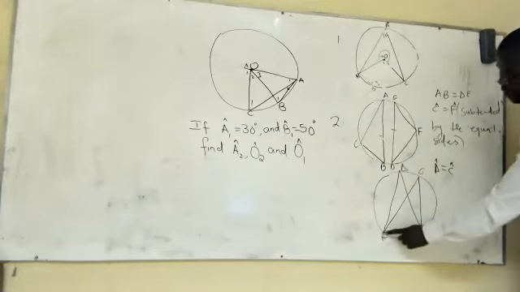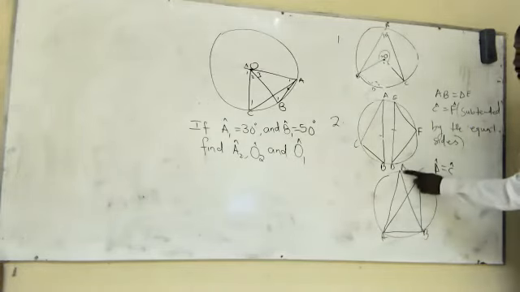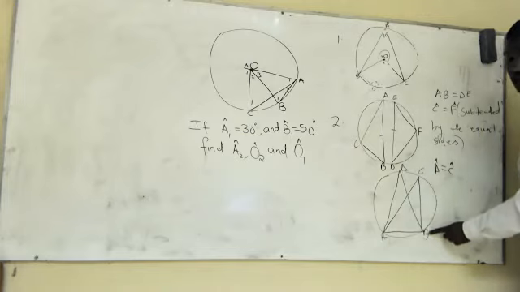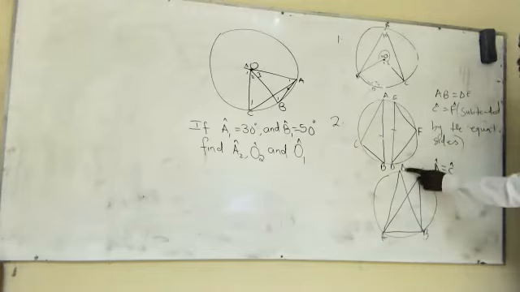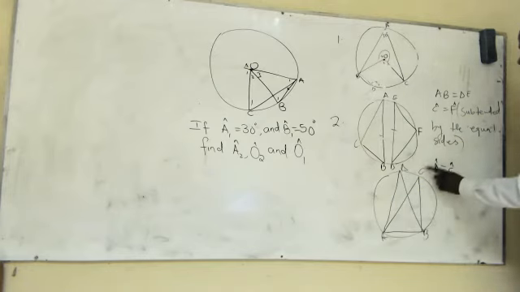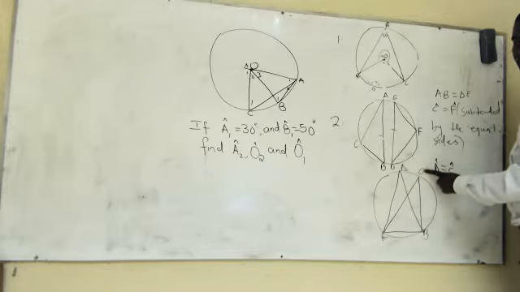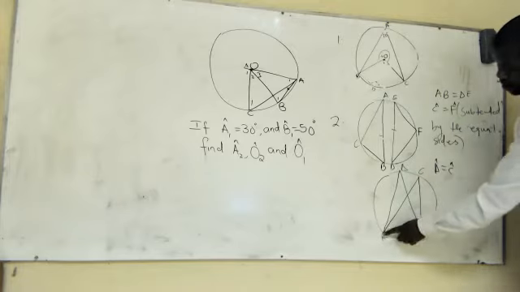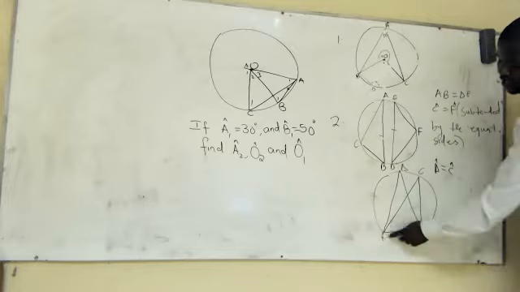Now let's see. This angle here is having which side? It's having side AB. Do you all see that? Angle D is having opposite side AB. And then again, C. What is the opposite side to angle C? Do you see that is the same?